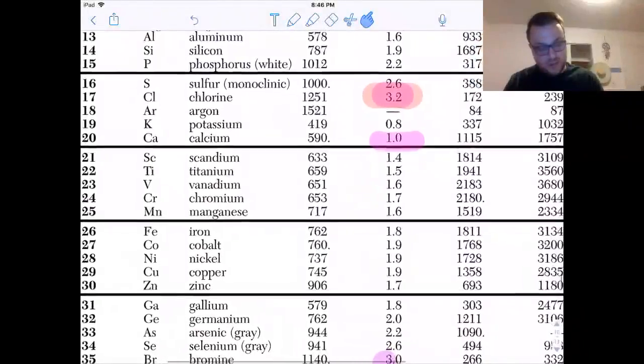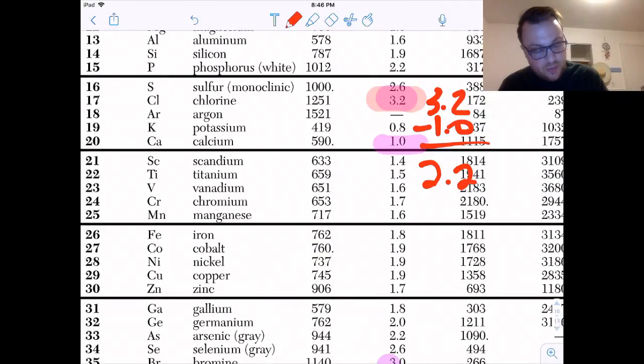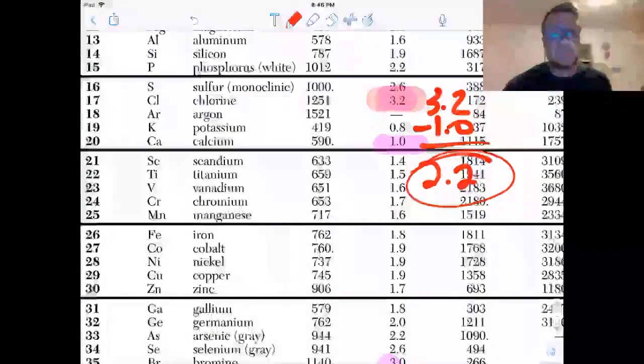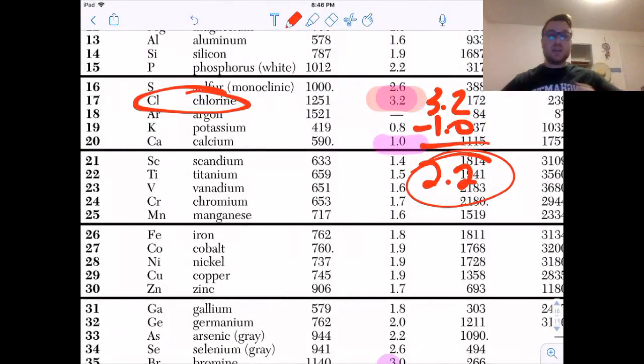But a covalent bond, and we'll define it more tomorrow, or Monday, has an EN difference less than 1.7. If you have an electronegativity difference less than 1.7, that's covalent, which means one of them does not want the electrons more than the other.